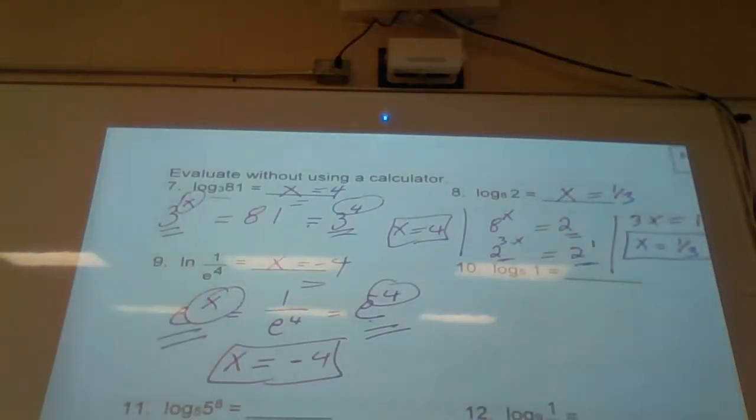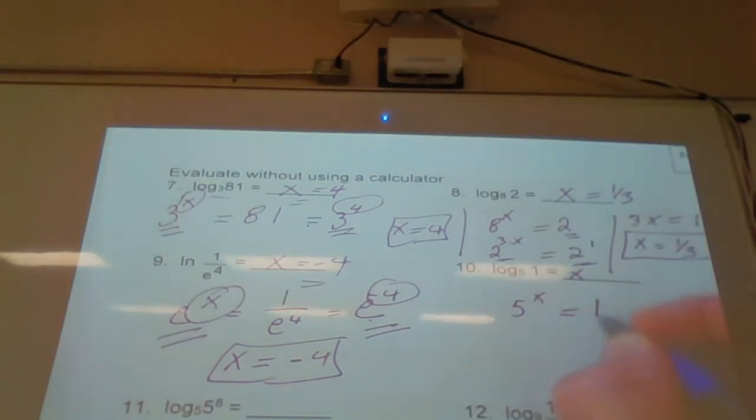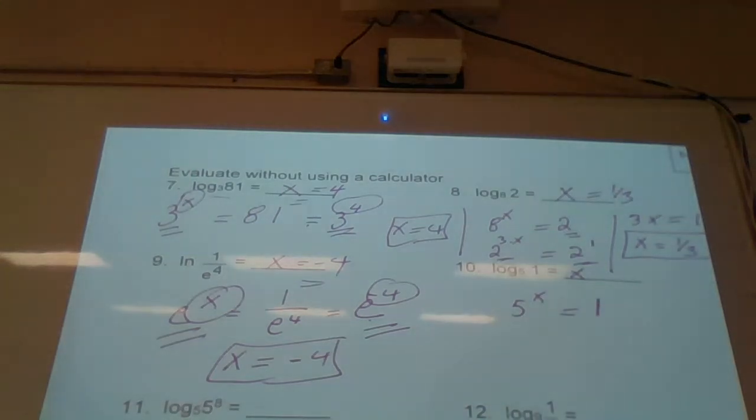This one over here, let's call it x. So now I have log base 5, so that's 5 to the x is equal to 1. For this one, I can't fix the base, but I need to remember, anything to what will give me a 1? Anything to the 0 power is 1. So in this case, x is equal to 0.